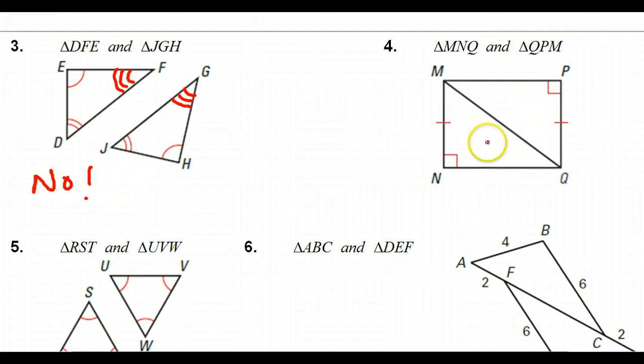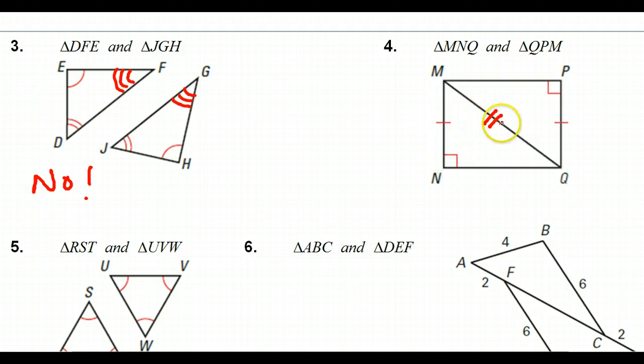What about this one? Is there anything I can mark in this picture that has not already been marked? Hopefully somebody said MQ. Okay, that's a shared side. We can go ahead and mark that. Now, looking at these two triangles, at first glance, it looks like I have an angle and two sides.